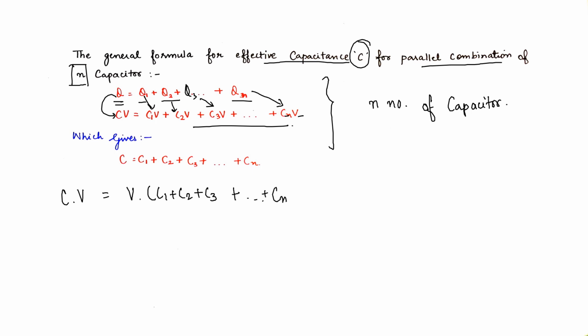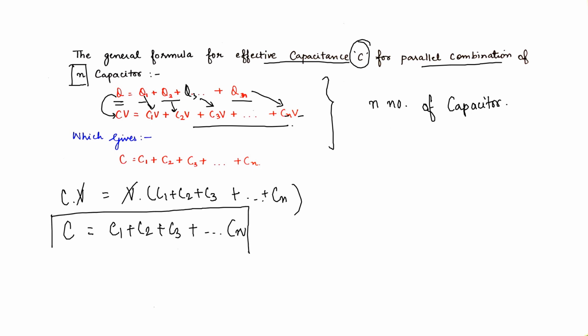So this V and this V will cancel out. So the effective capacitance will come to be C1 plus C2 plus C3 up to Cn. So this is the effective capacitance when capacitors are connected in parallel combination.